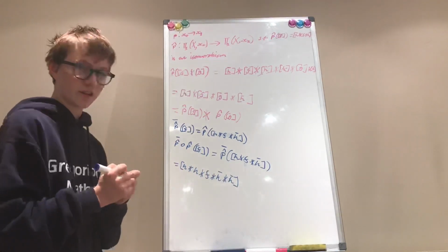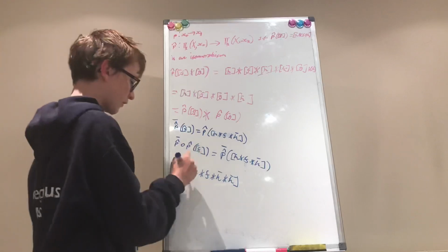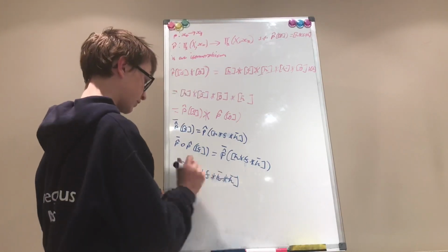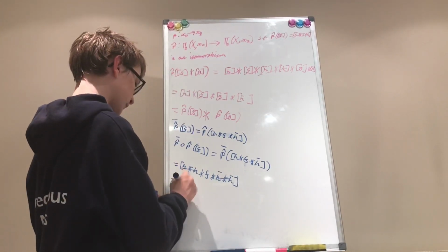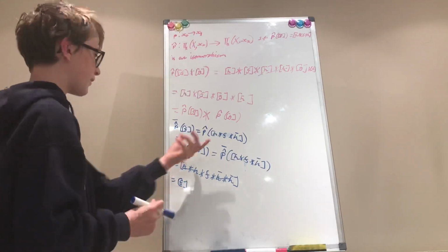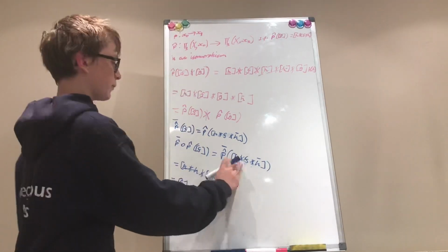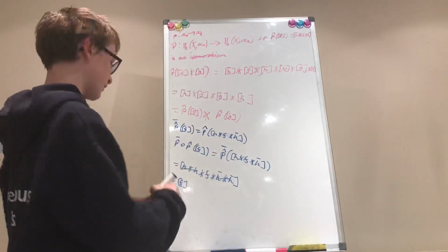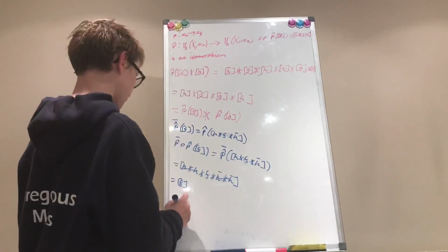And now by the associativity and so on, you can cancel out these two and these two, so this just equals the equivalence class of f. Therefore they're inverses, and you can prove it exactly the same way the other way around, hence it is an isomorphism.